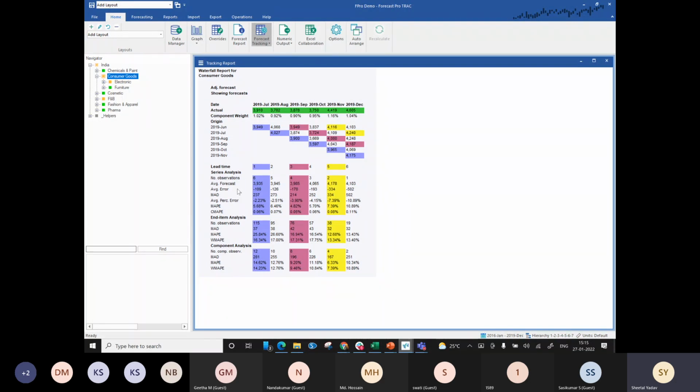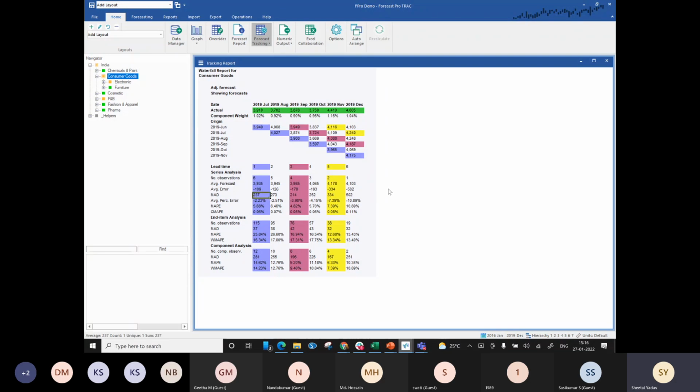Now, mind you, in all of this report, I've selected consumer goods from my product hierarchy, and that's the selection that's getting represented over here. So I'm actually looking at the series analysis at consumer goods level right now. I'll move to the rest of the sections as well and talk about the product hierarchy, but that's for a later stage. Let's look at the MAD value.